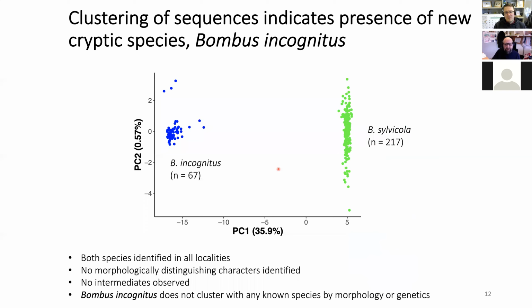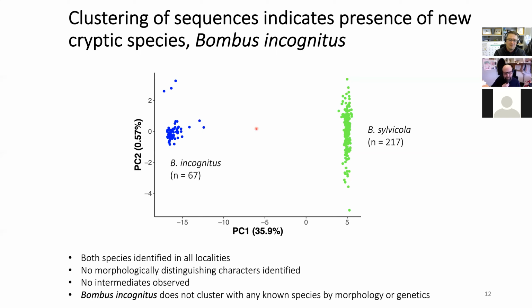And here you can see a principal components plot, where you can see that these silvicola samples are very distinct from the incognitus samples. In the morphological analysis that we've done, we haven't been able to identify any distinguishing characters, though there are still things that are possible to look at.